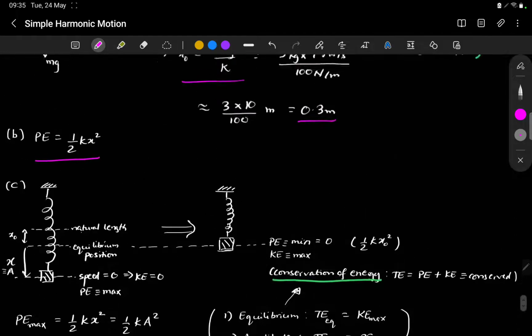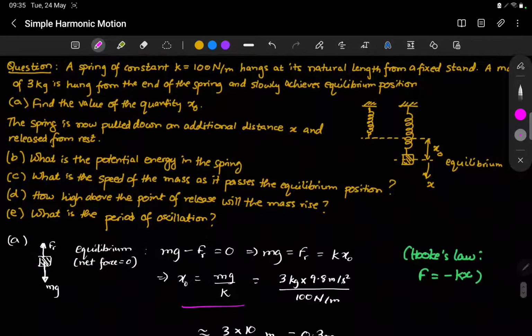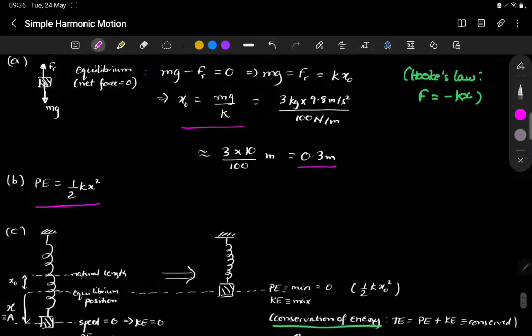The next part, part D, wants us to find out the highest point after we release the mass. Since this is simple harmonic motion, the amplitude of oscillation would be the highest point.